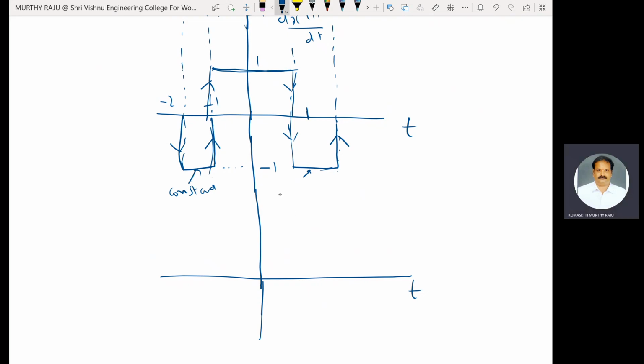Perform second differentiation, d square x of t by dt square. This is the falling edge. The differentiation of this is some impulse.